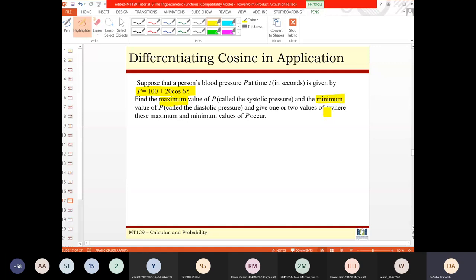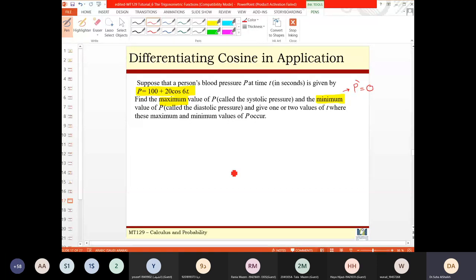Do you remember whenever we say maximum minimum, what am I talking about? What does it mean when I say maximum minimum of a function, of a formula? I'm talking about P dash, critical points, where P dash equals 0, right? The maximum and minimum points are points where the derivative is equal to 0.